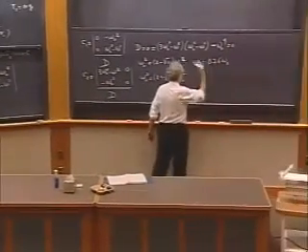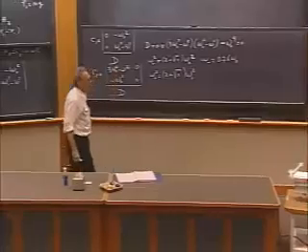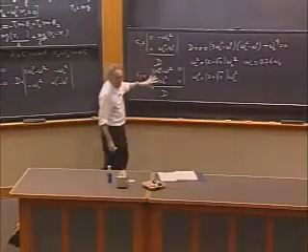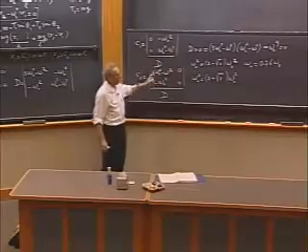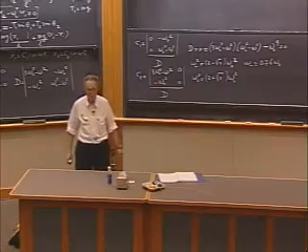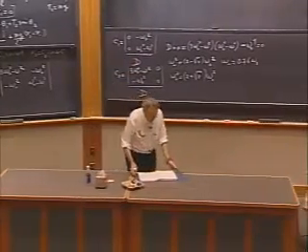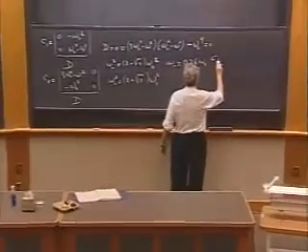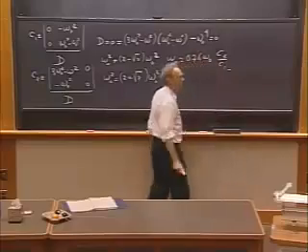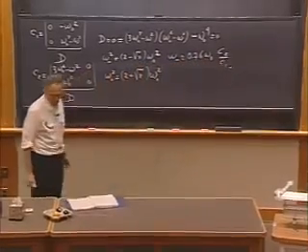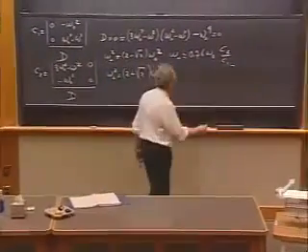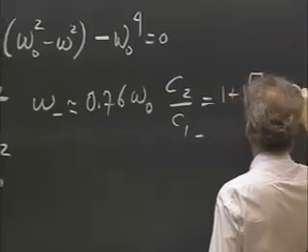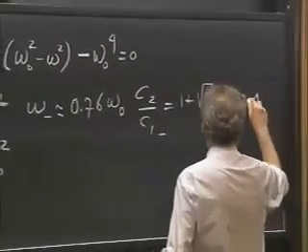And then I can substitute this value for omega back into my equations, or back into this one if you want to. You get 0 divided by 0, which is not going to be 0. And you're going to find that C2 divided by C1 in that minus mode, in that lowest possible mode, is 1 plus the square root of 2, which is approximately plus 2.4.